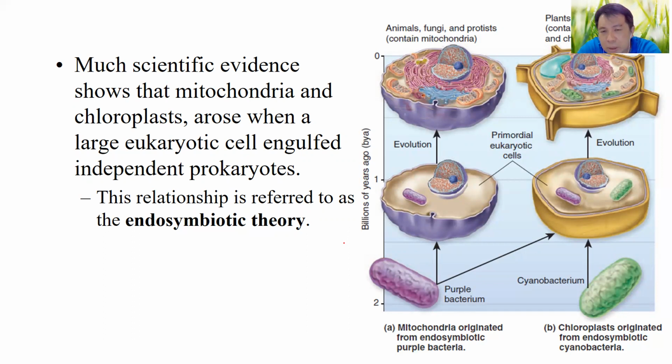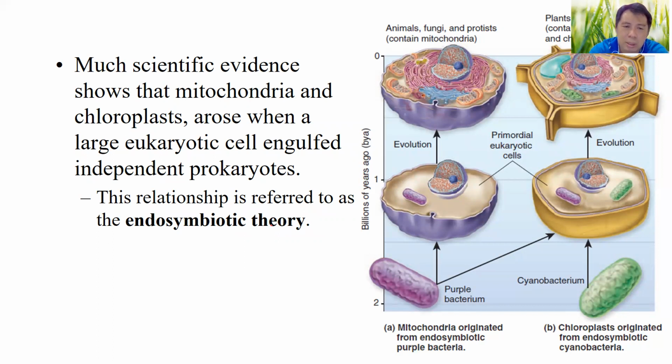At the same time, the mitochondrion and the chloroplast also contain 70S ribosomes, which we call small ribosomes, found only in prokaryotic cells. So this relationship is referred to as the endosymbiotic theory.